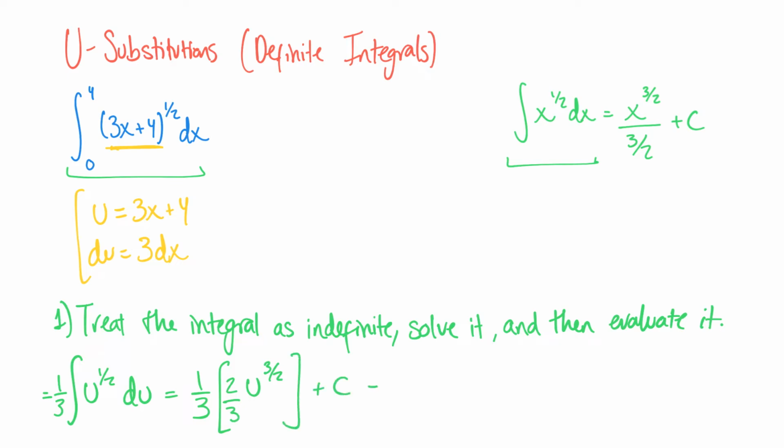Never forget the c, guys, when you have an indefinite integral. So this is 2 over 9 u to the 3/2 plus c. Now remember, I need to go back to x, and I have 2 over 9 times (3x plus 4) to the 3 over 2 plus c.